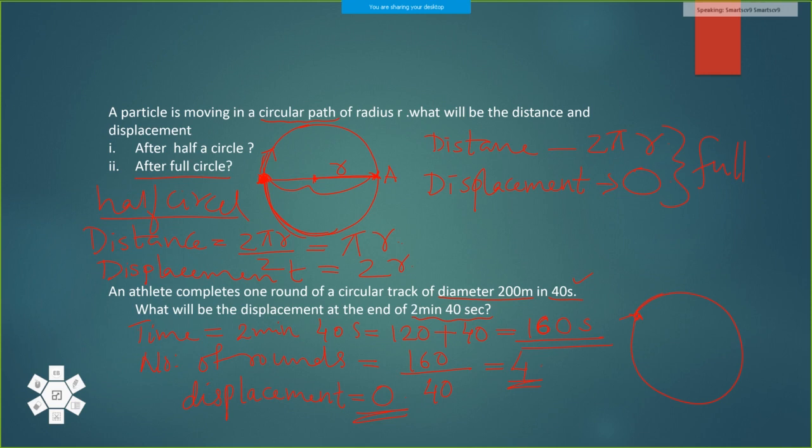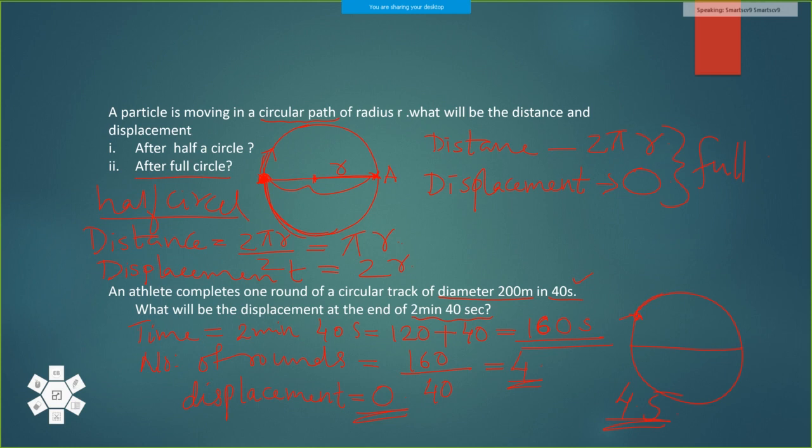And if it is 4.5 rounds, then what will be the displacement? It will be the diameter of that circular path, if the number of rounds completed was 4.5. Clear? Go through this, then it will be clear for you. Okay, so take down this.